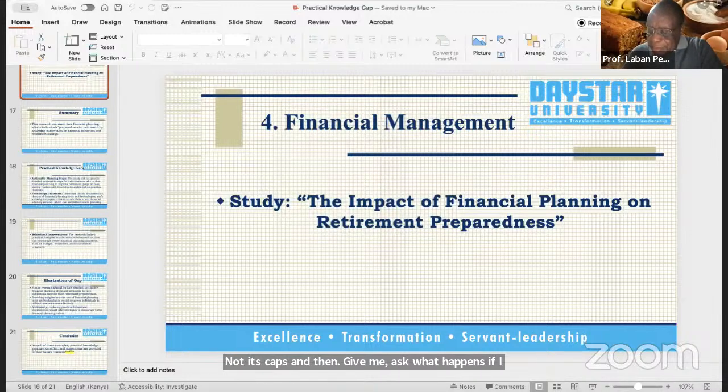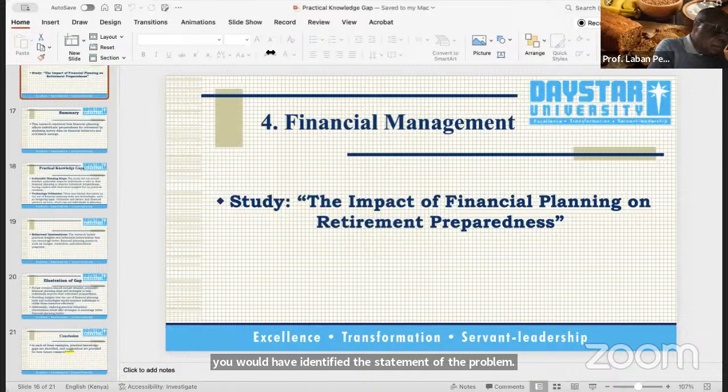Now, in terms of tenets of knowledge gap, let's try to keep it simple. By the time you are writing the literature review, you would have identified your statement of the problem and your objectives. Using your objectives, you proceed to do your literature review.